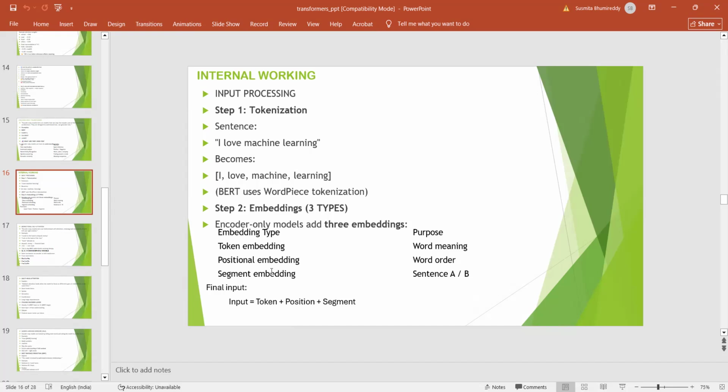Then it will create an embedding for the tokens, known as a token embedding. For positional information, to know the order, it creates a positional embedding. For sentences it gives a segment embedding. So the final input takes the tokens, the positions and the segments.